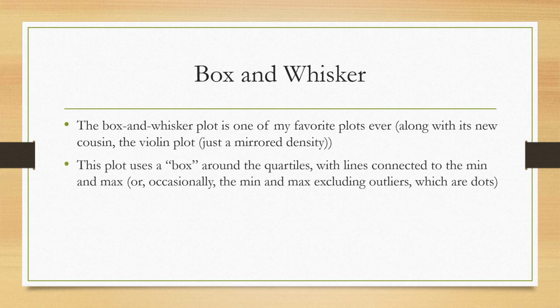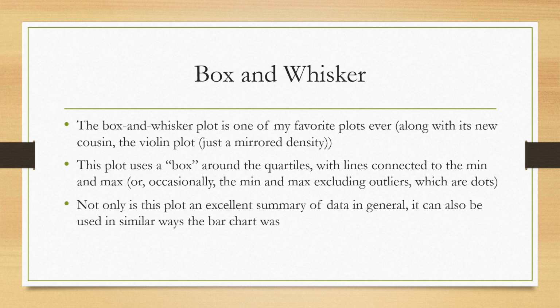It uses a box around the quartiles with lines connected to the minimum and maximum, or occasionally we'll exclude outliers. They'll be written as dots, and the lines will be connected to the min and max, excluding the outliers, sometimes called hinges.